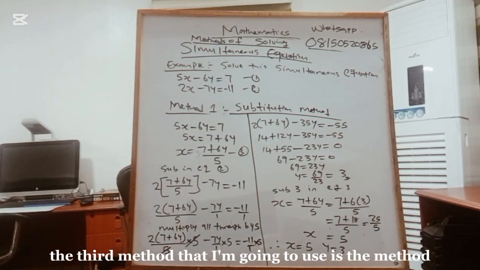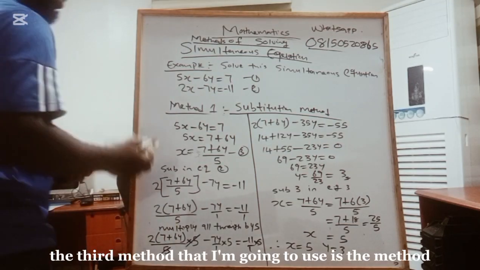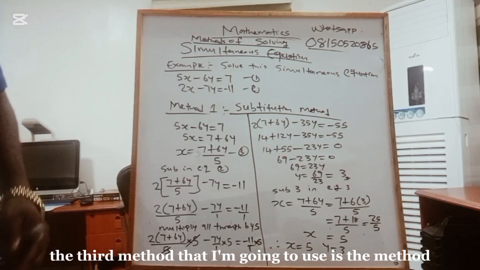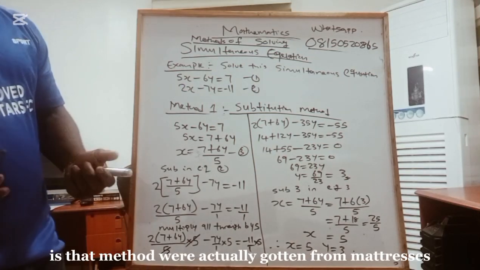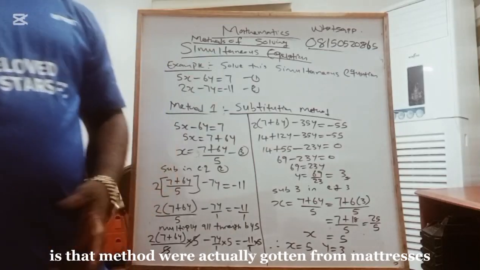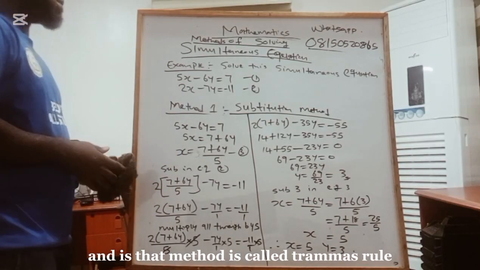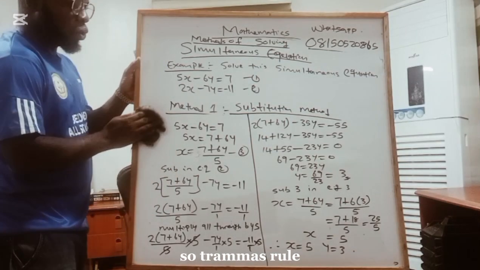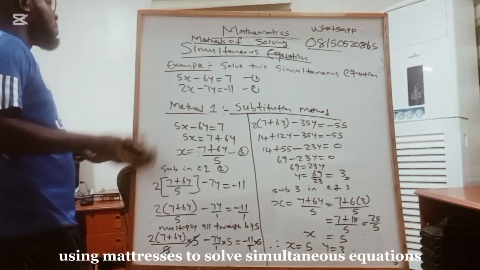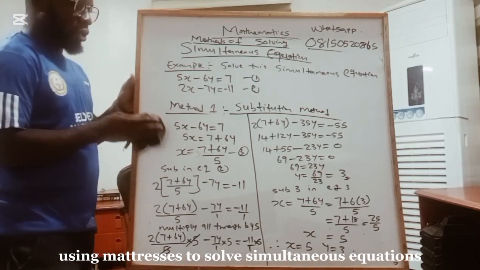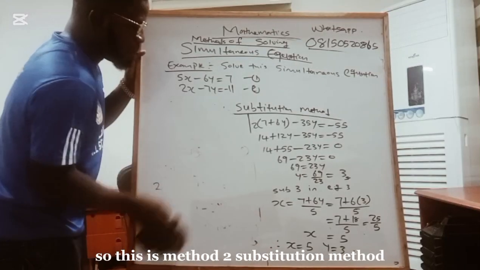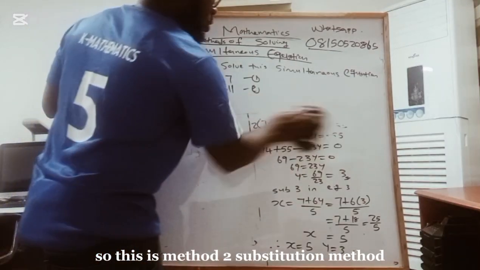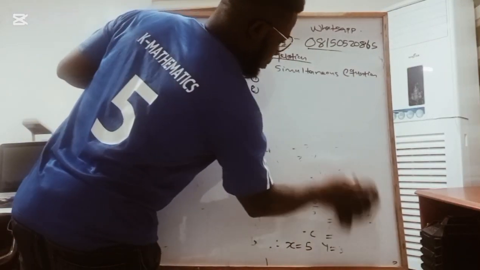Now the third method that I'm going to use was actually gotten from matrices, and that method is called Cramer's rule. So Cramer's rule, using matrix to solve simultaneous equations. So let's see how to do that. So this is method 2, substitution method.